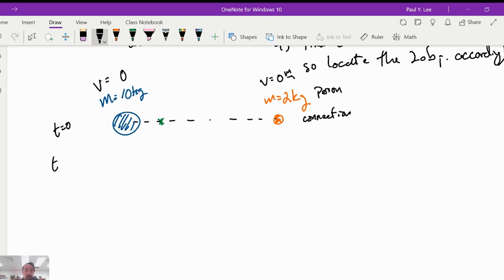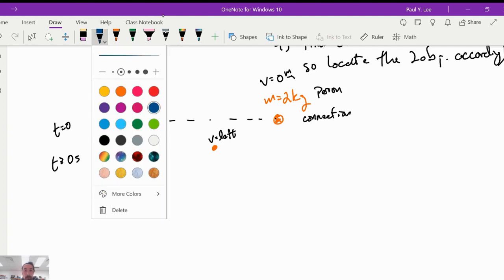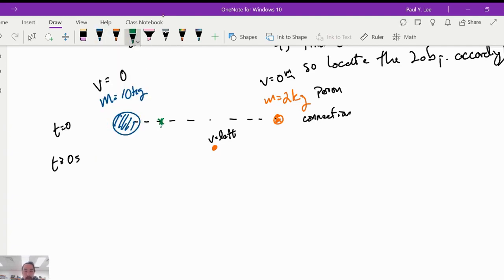And so in, let's say, time greater than 0 seconds, the person is now moving to the left. So let's say the object is now right here. Okay, so the object is there, and the velocity is to the left. All right, and so here, let's locate the center of mass. So the center of mass should remain there.